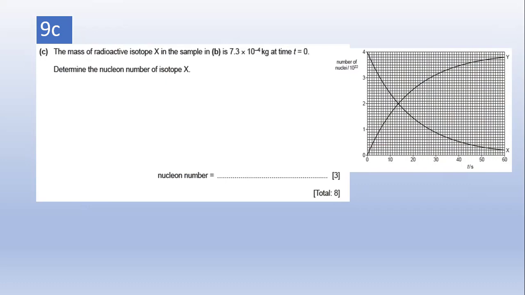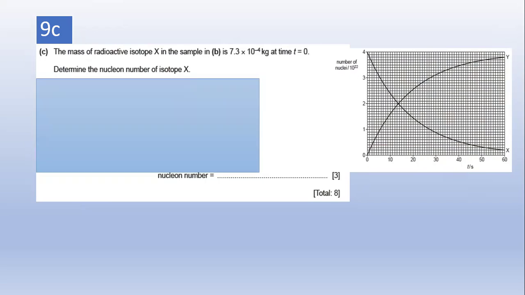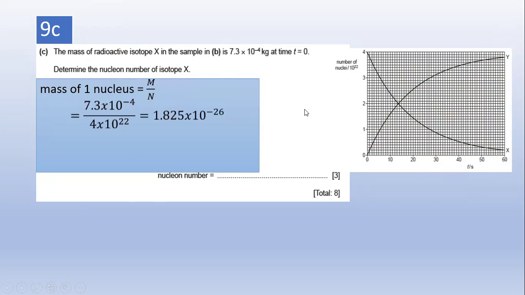The mass of one nucleus is M divided by N_A, molar mass over Avogadro's number.